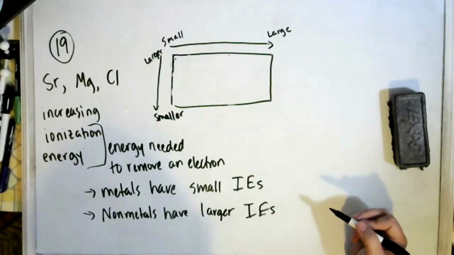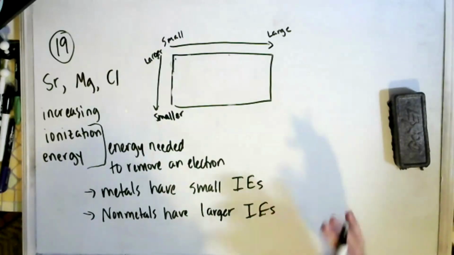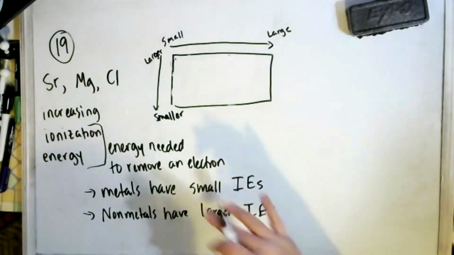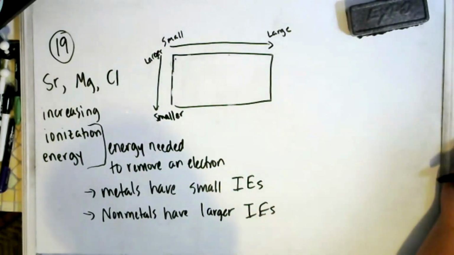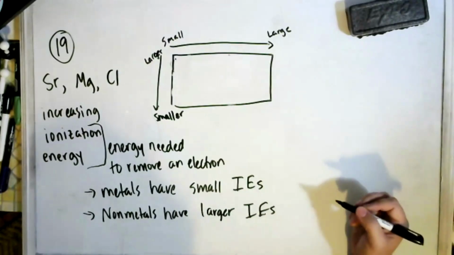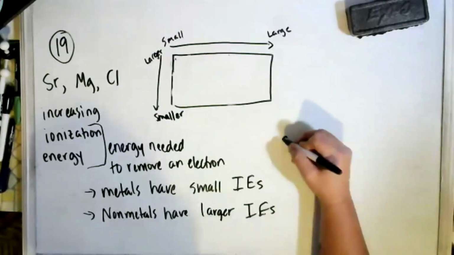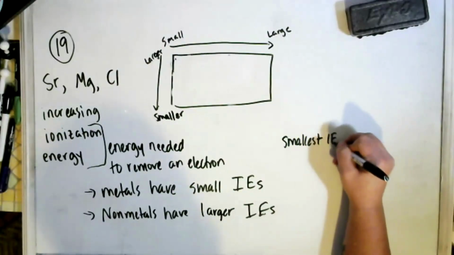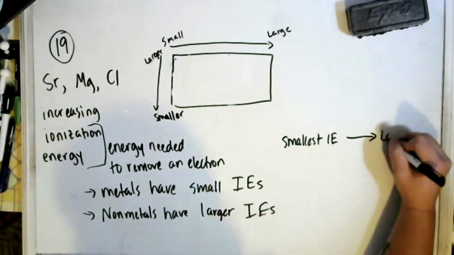Okay. So let's use those trends to put these particular atoms in ionization energy order. We're trying to arrange them in increasing order. So again, we want to list them from smallest ionization energy to largest.